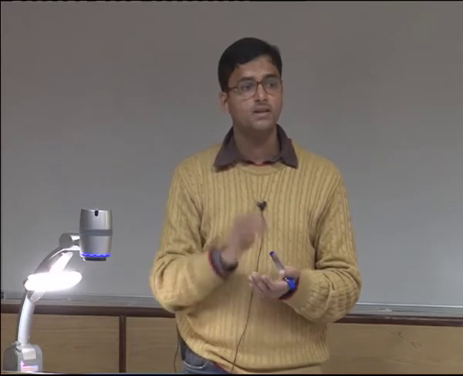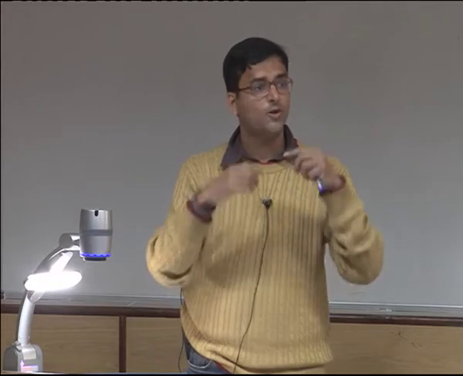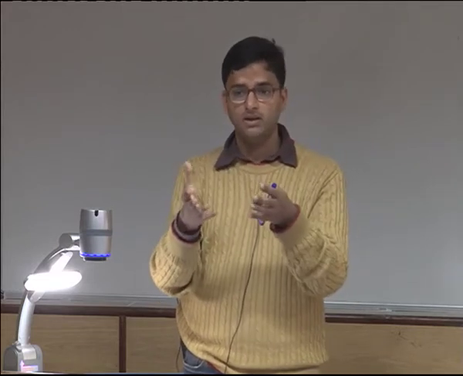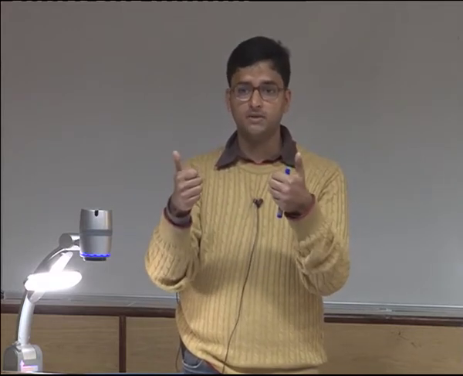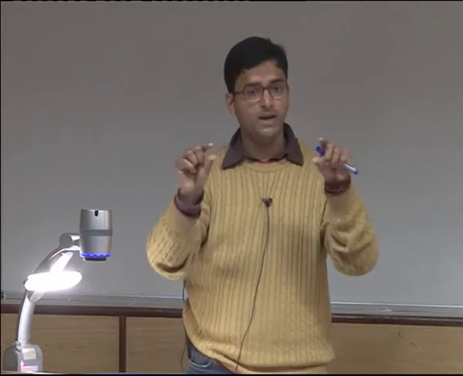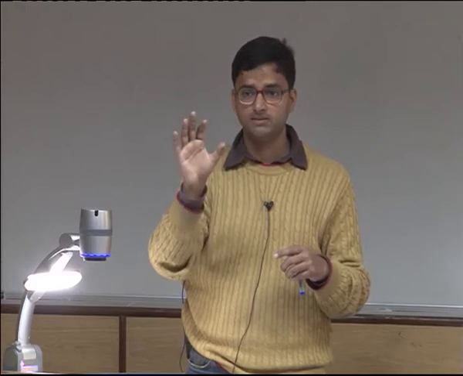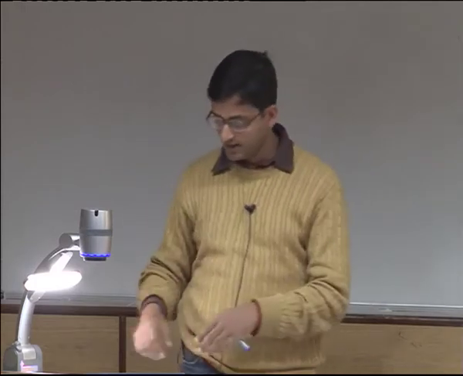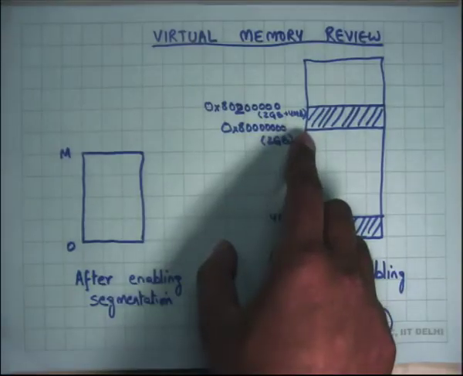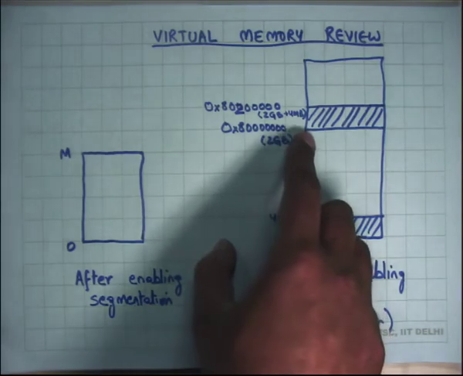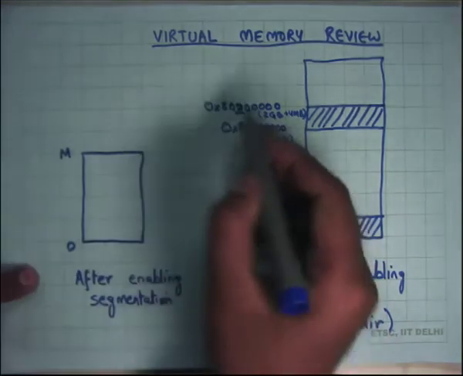Also recall that the kernel itself has been compiled with virtual addresses. So all the symbols inside the kernel image have virtual addresses associated with them. If I say I want to branch to main, the address of main will be a virtual address, in the sense that it will be an address above this value, 8 and 7 zeros, which is also called kern base.